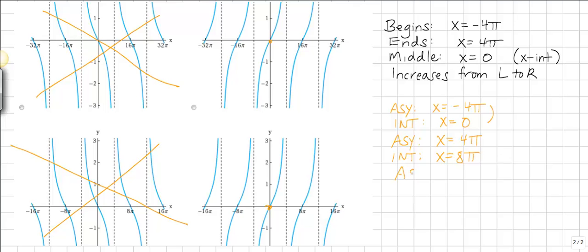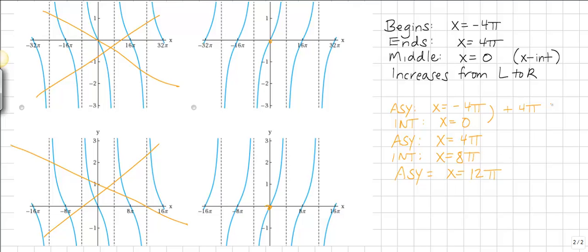The next asymptote would be at, excuse me, wrote that down wrong, at 12 pi. And you're kind of following this pattern all the way through.